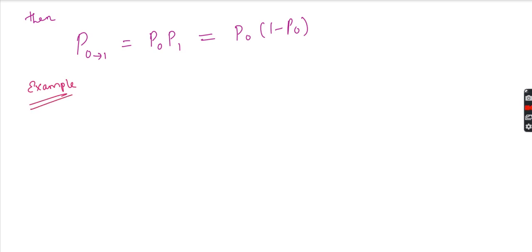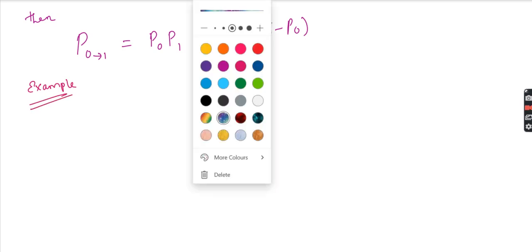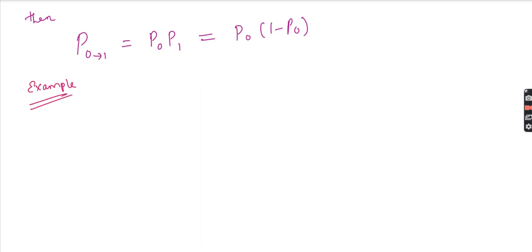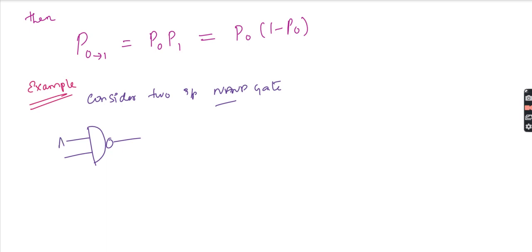The example is a 2-input NAND gate. The NAND gate has 2 inputs, A and B, and the output is Y. Now let me go for the truth table.